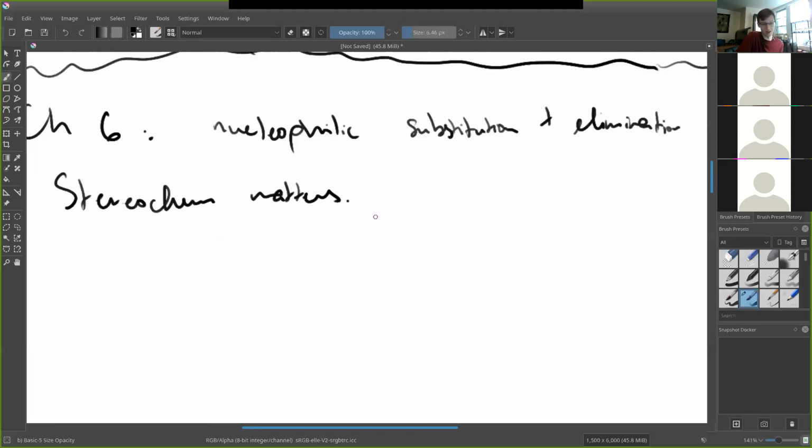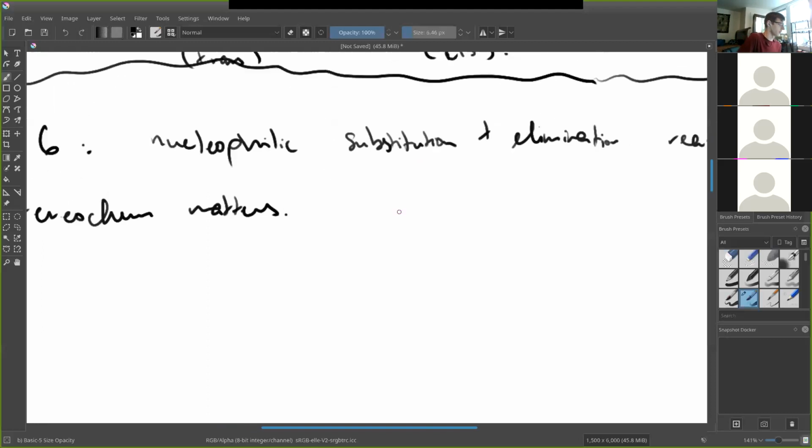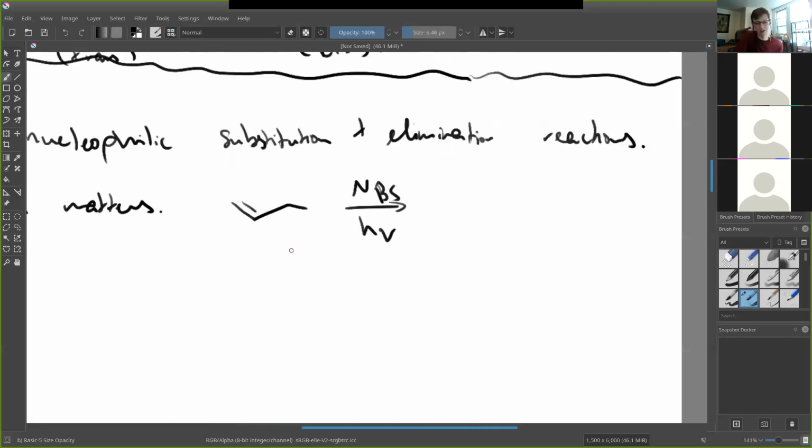To frame this in the context of things you already know, once you learned free radical reactions, stereochemistry already mattered there, right? Just to give 2 examples that I came up with earlier, because these are good reminders anyway. If you take this compound, some allylic carbon, you're going to brominate over here.